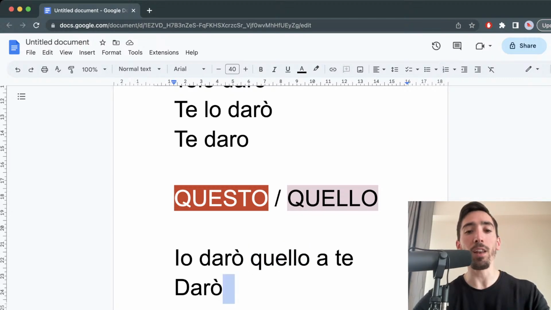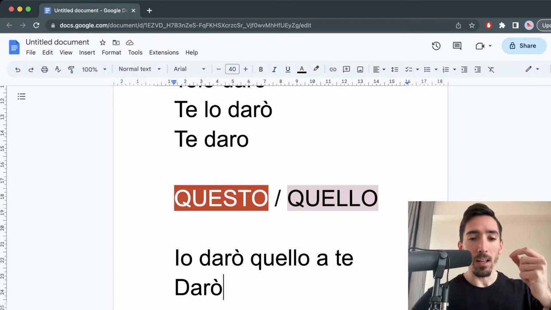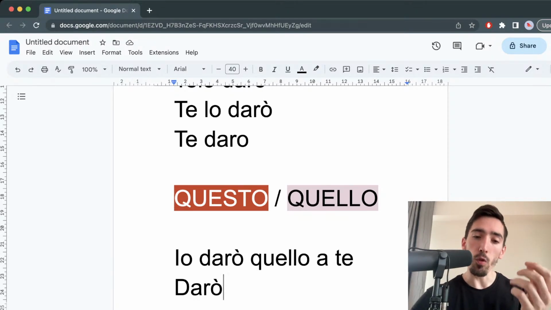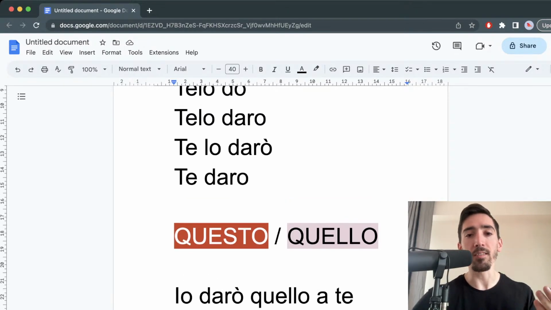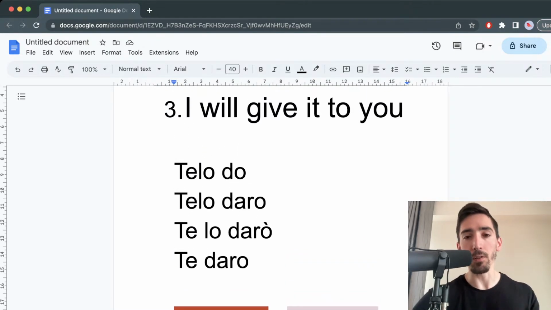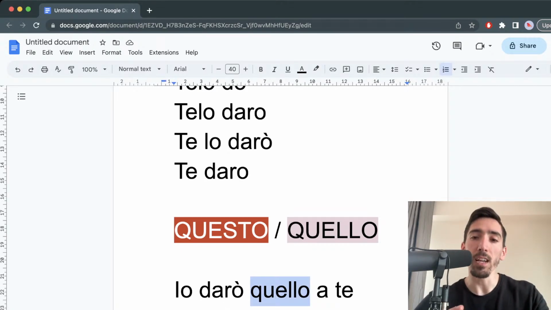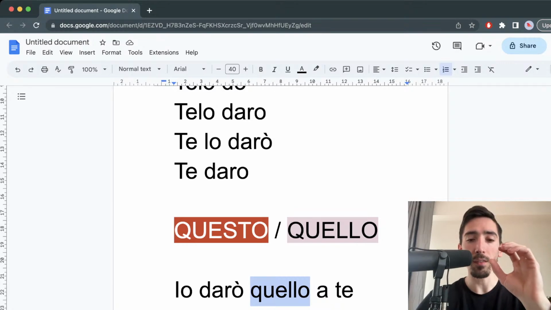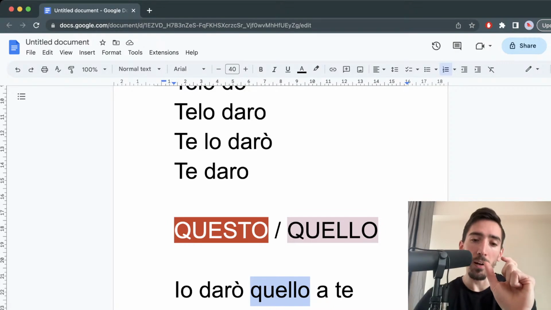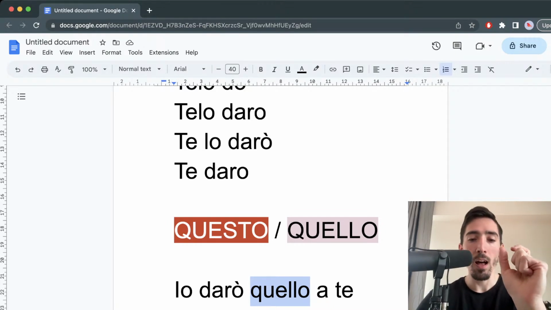It's very rare that someone has to stress the word it in a sentence such as I will give it to you. It's possible. But usually what is represented in the so-called strong form is not key in the sentence. So Italians choose to represent that pronoun in their weak form.